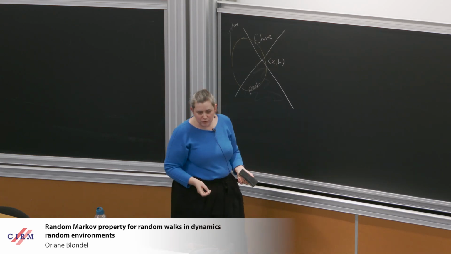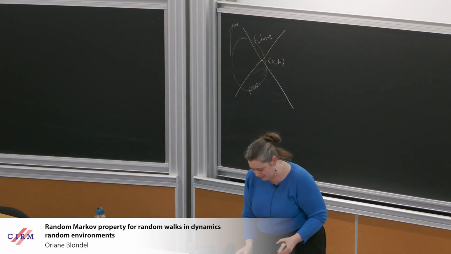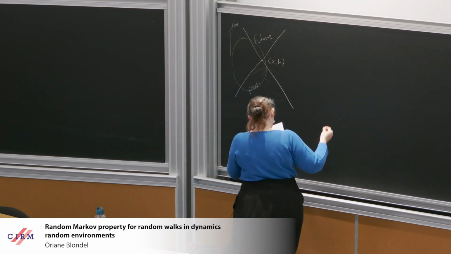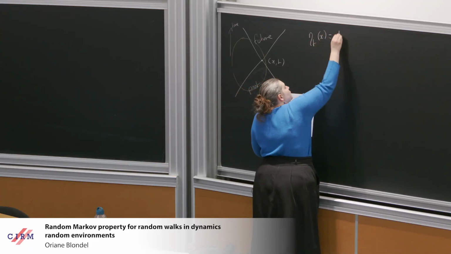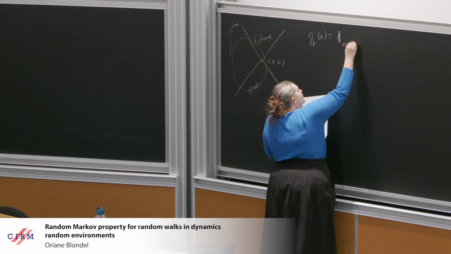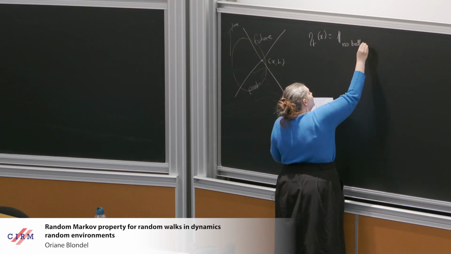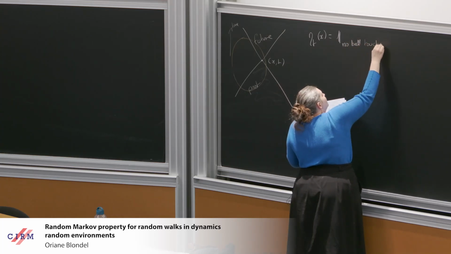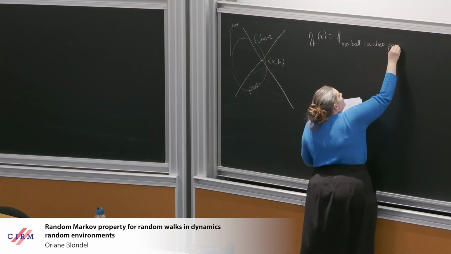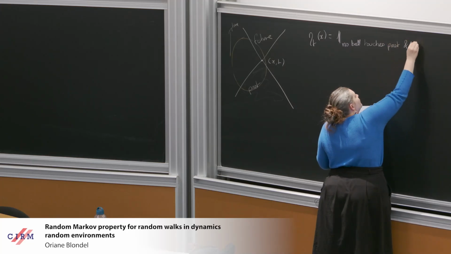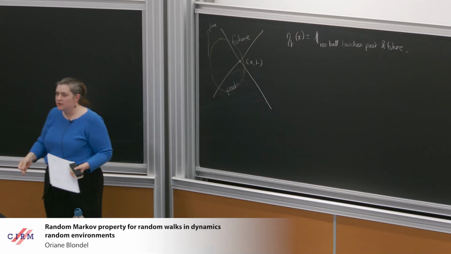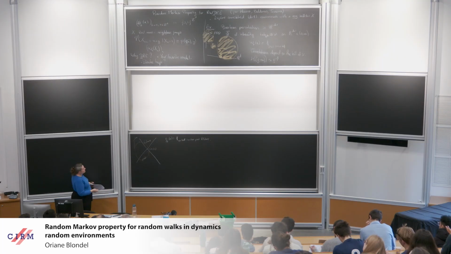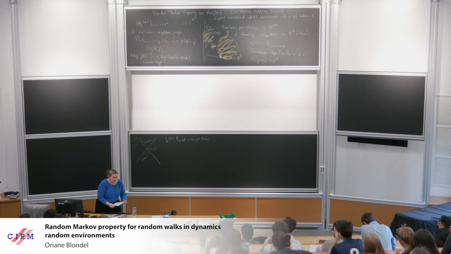So what I'm going to call eta now, that's why I had to keep the letter free, eta t of x is just going to be the indicator that no ball in my process touches both past and future. So that defines me a field over Z^(d+1), which is perfectly well defined.